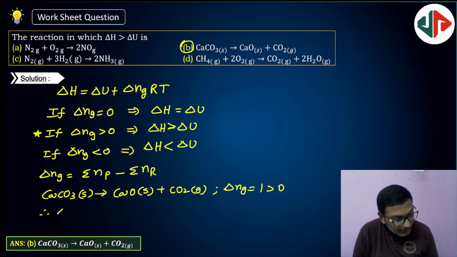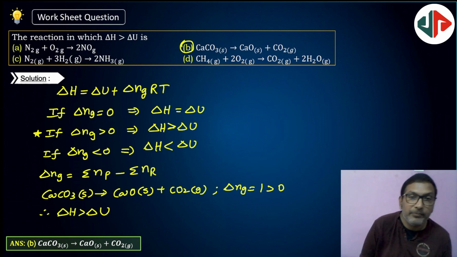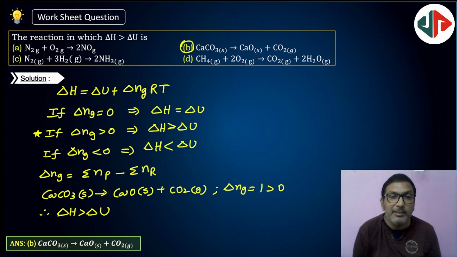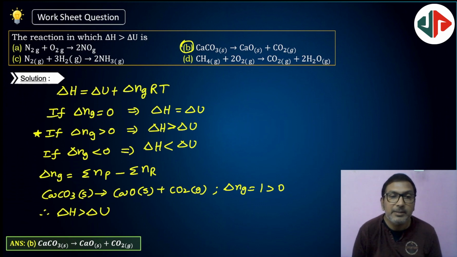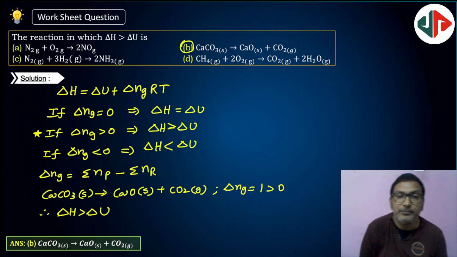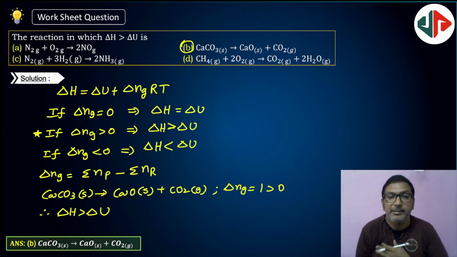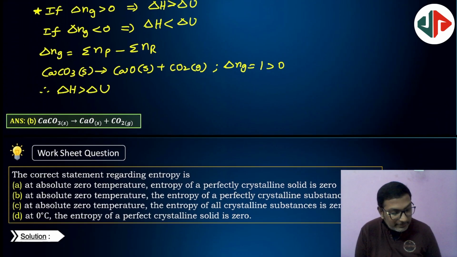So therefore delta H greater than delta U. Option B. For remaining also you can check. For option A, 2 minus 2, 0. For option C, 2 minus 4, minus 2. For option D, you can check 2 plus 3, 3 minus 3, 0. All are gases. Next question.